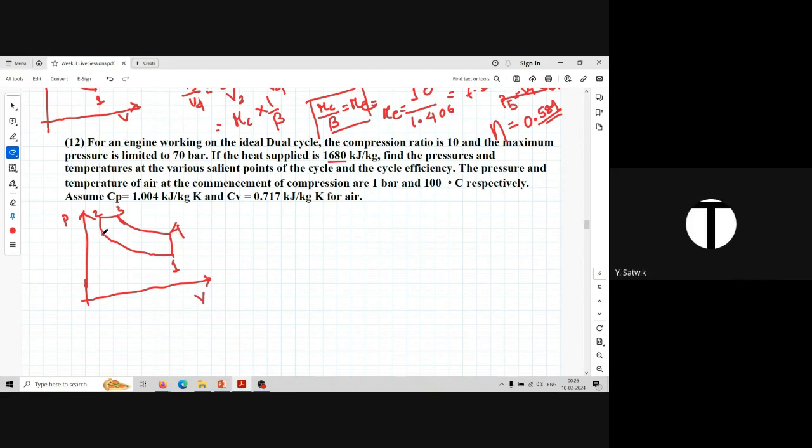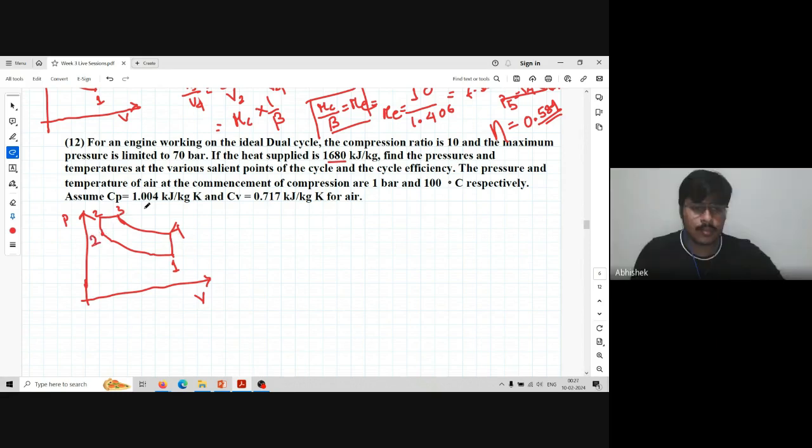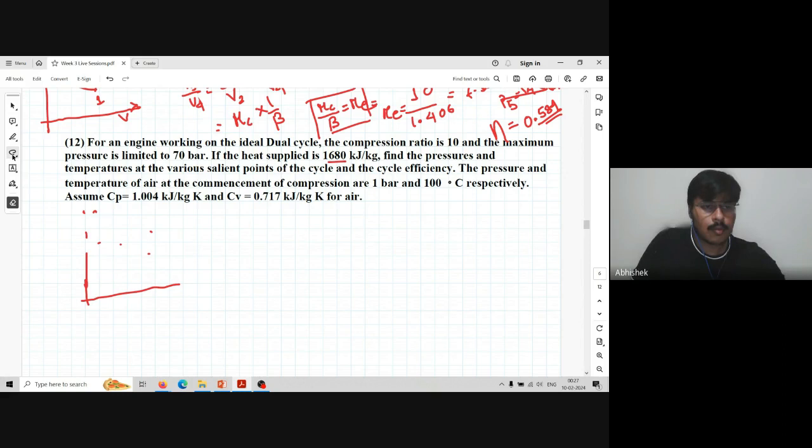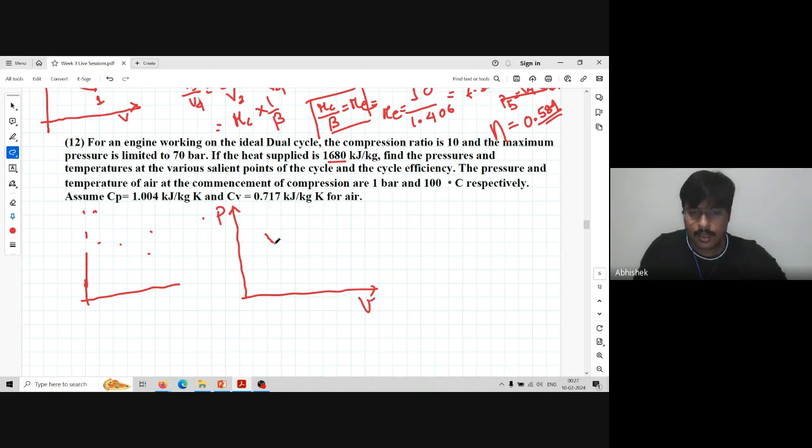So this is the dual cycle. Okay, I will repeat it once again. Just I'll do it properly. I think this is just a repeated question. Okay, so this is P versus V. Just do it like this.